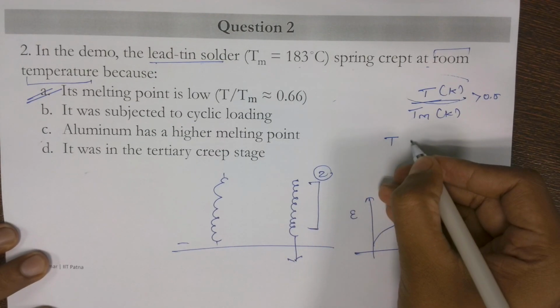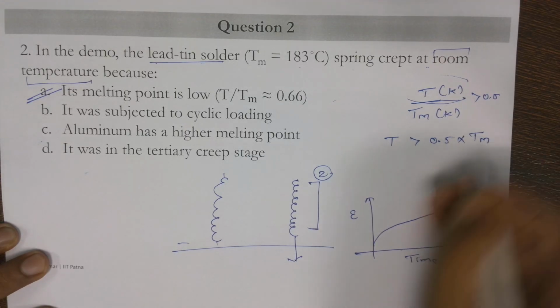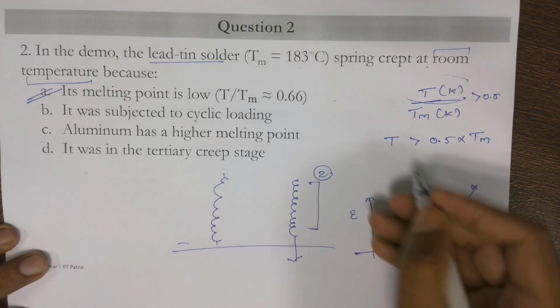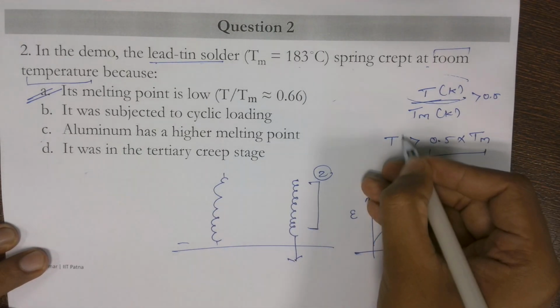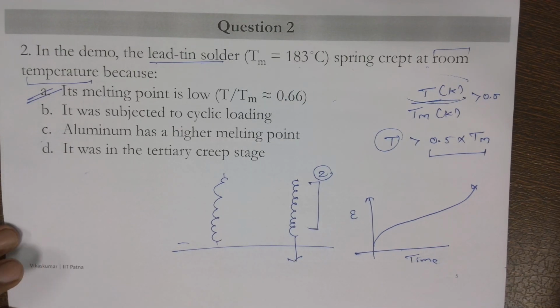T will be greater than 0.5 times Tm. If the test temperature is more than this, then my material will undergo creep and this particular deformation will take place.